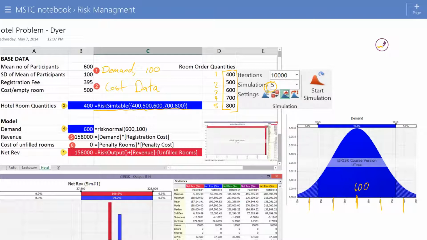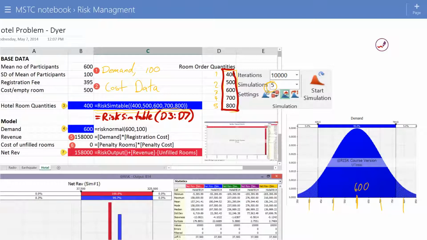The alternative to typing this equation is you can say equals RiskSimTable, and then select these cells right here, D3 colon D7. And so that's your setup for the actual simulations.